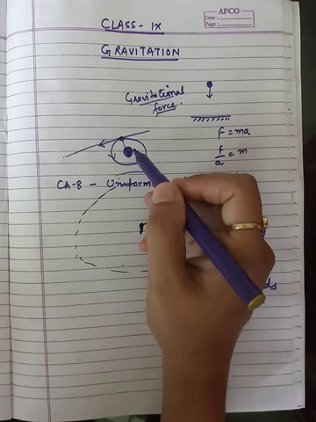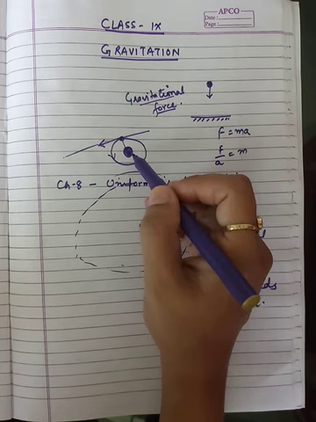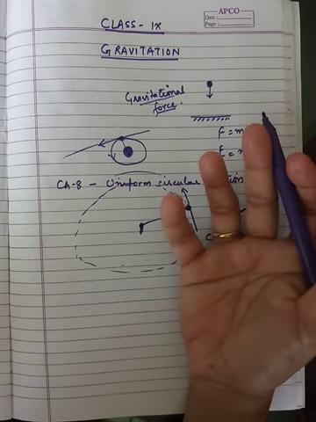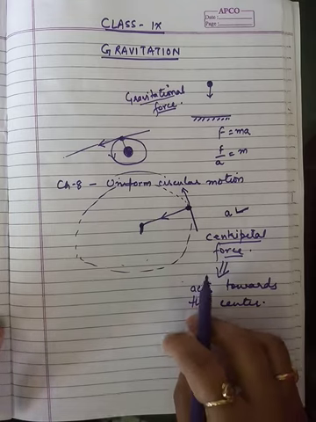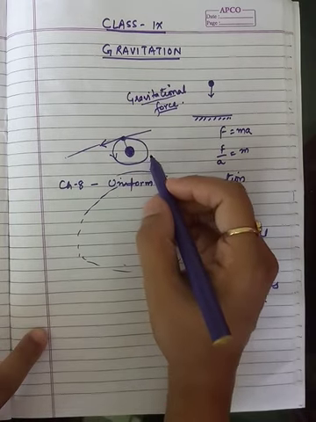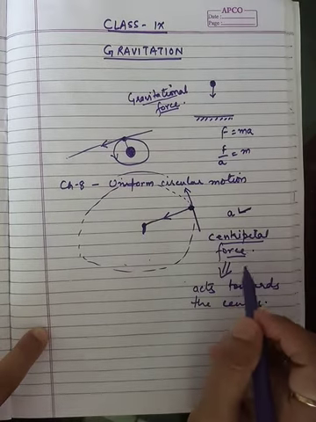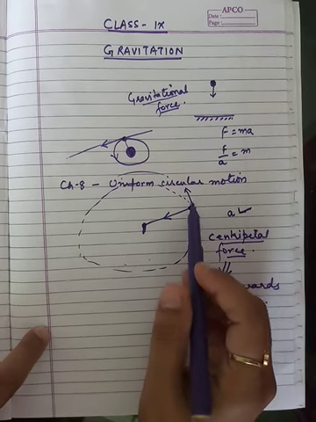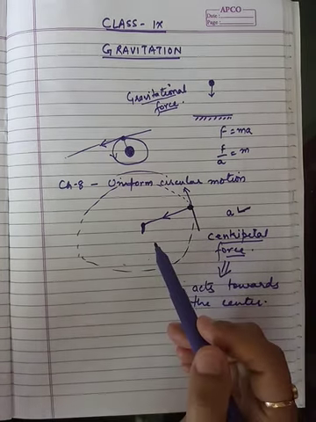But we do not really see the moon falling towards the earth. It is not falling towards the earth because of this centripetal force, which is making it move in a circular manner.